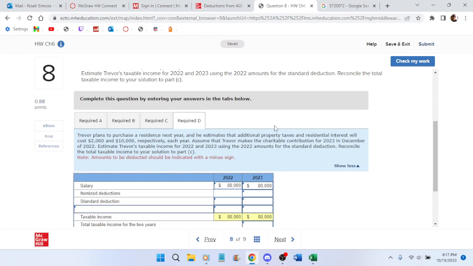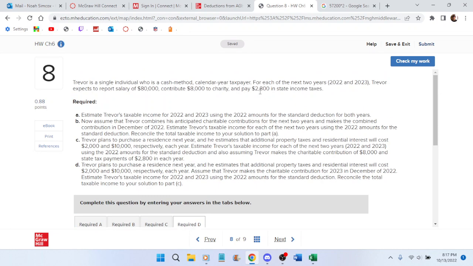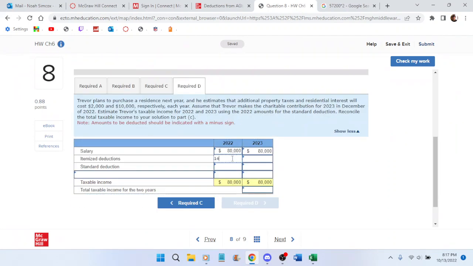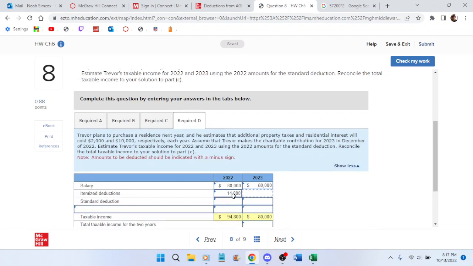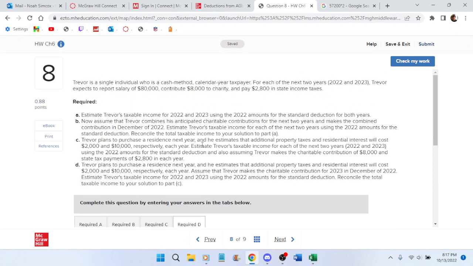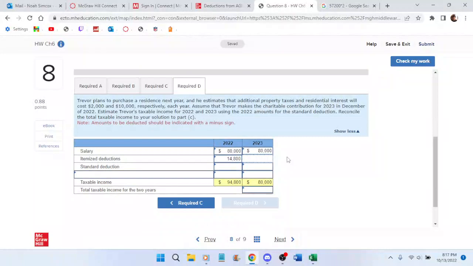So it's going to be 12,000 plus this, so it's going to be 14,800. This one should be 12,000 plus, so it'll be 14,800 plus 16,000, so it should be 30,800. Please be right, dang it.